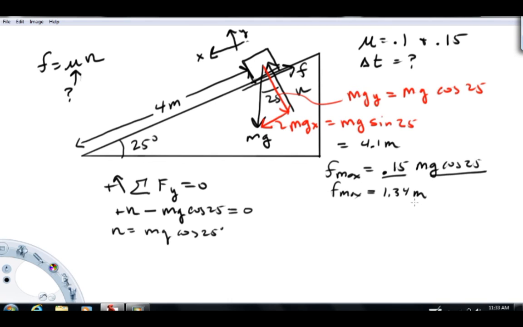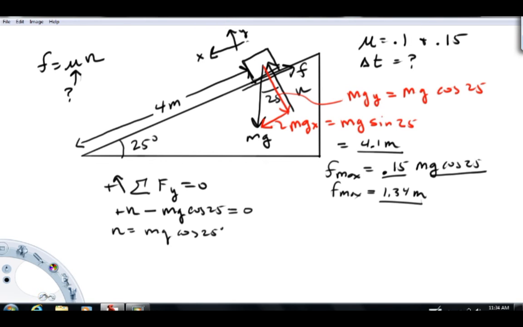I don't have a number for the mass, so I can't get a definitive value for F max, but I can do a quick comparison. 1.34 m versus 4.1 m. Obviously, 4.1 m is larger than 1.34 m. That guarantees this is going to slide down the incline. That also means that the sliding frictional coefficient will be the relevant one.